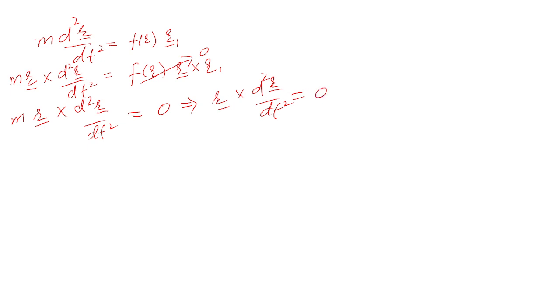So integrating both sides with respect to t and using the result, I am writing again the integral of A cross second derivative of A with respect to time.